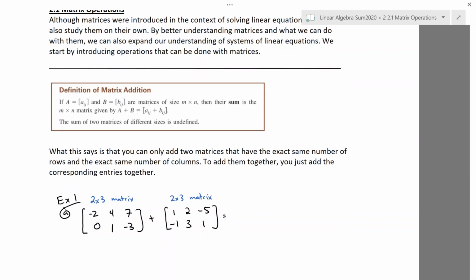The first is called matrix addition. Right, so we're going to add two matrices together. So first of all, to add two matrices together, they should both be the same size, say m by n, and their sum is also the same size matrix, also m by n, and the way you add them is just by adding the corresponding entries of the two matrices.